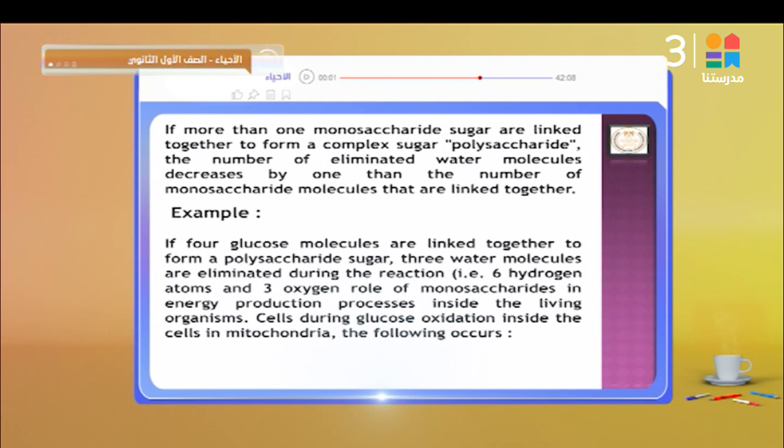That means 6 hydrogen atoms and 3 oxygens are removed. Role of monosaccharide in the energy production process inside the living organism: during glucose oxidation inside the cells, in the mitochondria, the following occurs. Inside the cell, a specific hormone is very important.